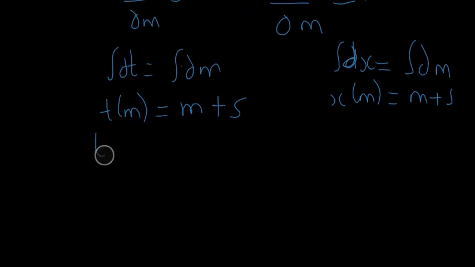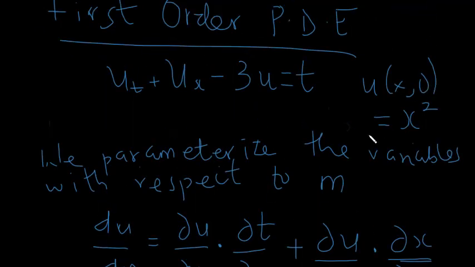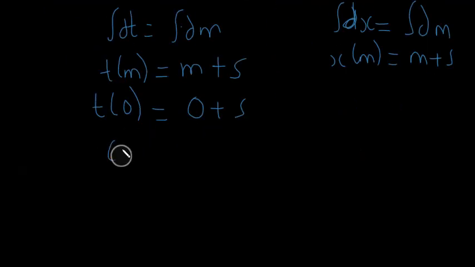So we see that t at 0 is going to be 0 plus s. And we already know from our initial conditions that t is 0, right? So it means 0 is going to be equal to s, so s is equal to 0. Okay, yes. But since x is always varying, whatever value you're going to put here, x is going to vary, so you don't touch this.